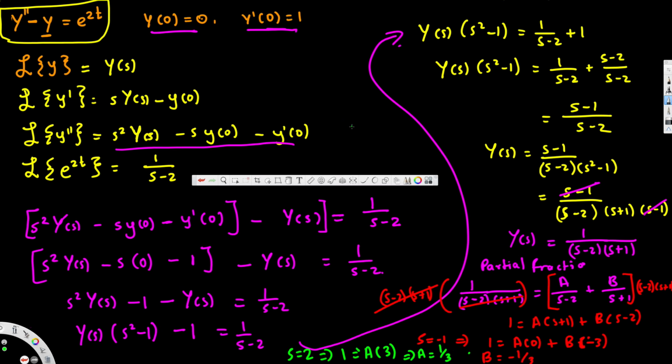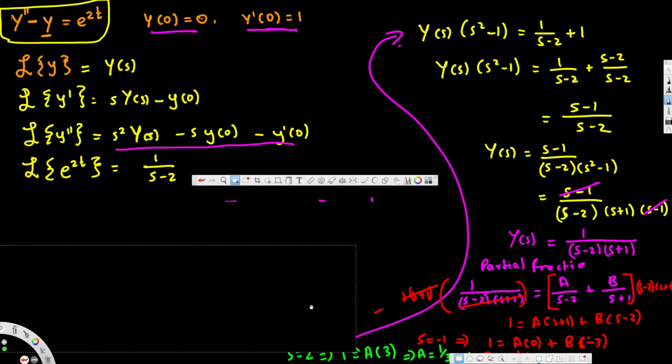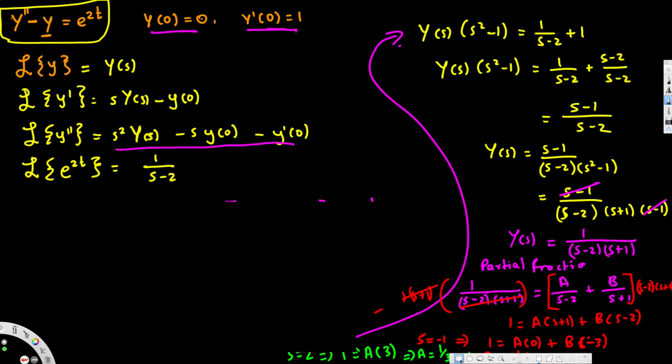Let's get rid of these first things. Okay, we need some space, so let me continue right here. So we found out the A and B values.